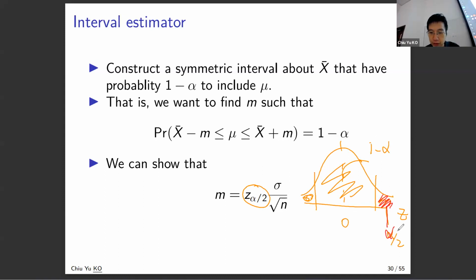This is alpha over 2, and this blue is alpha over 2 because of symmetry. So this number is negative Z alpha over 2, and this number is Z alpha over 2. Actually, this is similar to the T table we did last time, but we will be more clear later. So this is Z alpha over 2.